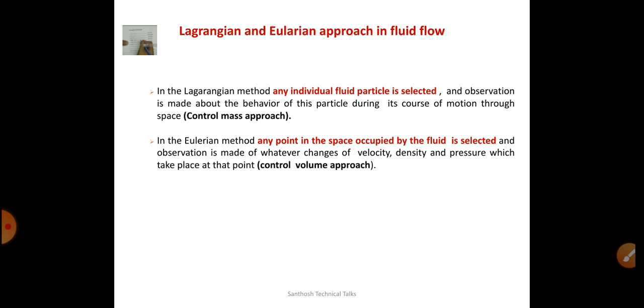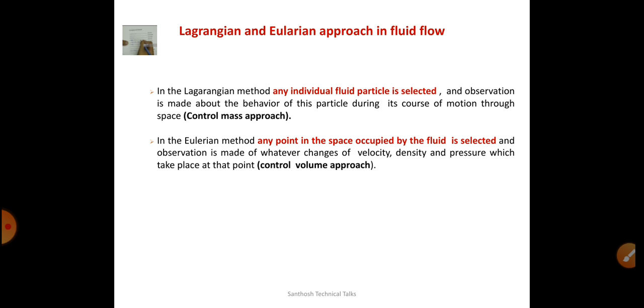The next topic is the approaches in fluid flow. We have two kinematic approaches in fluid flow: one is Lagrangian and the other is Eulerian. In the Lagrangian method, an individual fluid particle is selected, and we observe this individual fluid particle through the course of its motion through the entire space.